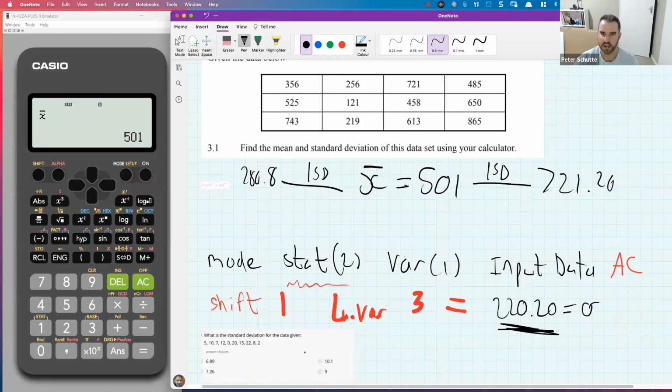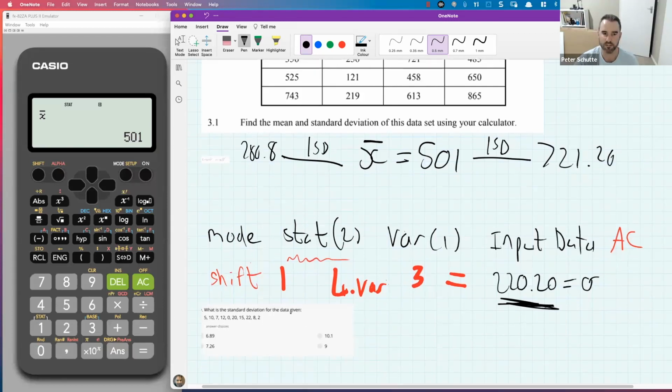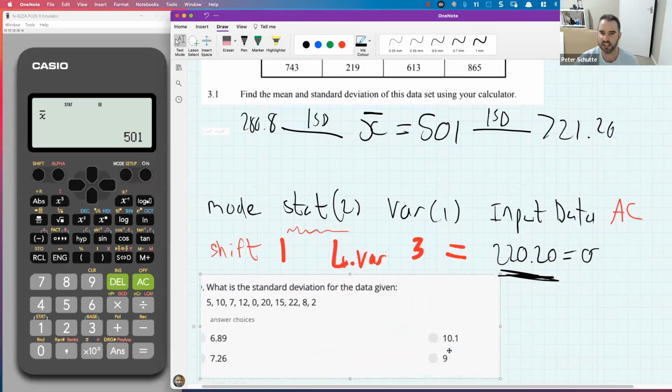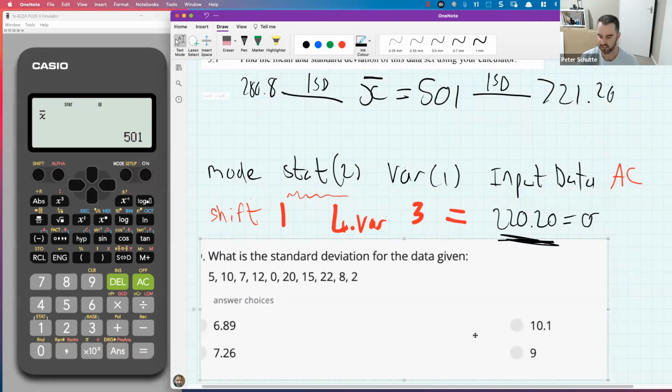Okay, now I think the way to do this is to practice. And so what I'm going to do is I'm going to give you another question. And let's start by finding the standard deviation of this multiple choice question with this data set. You don't have to put the data in order for the standard deviation, and see if you can choose for me the correct option.